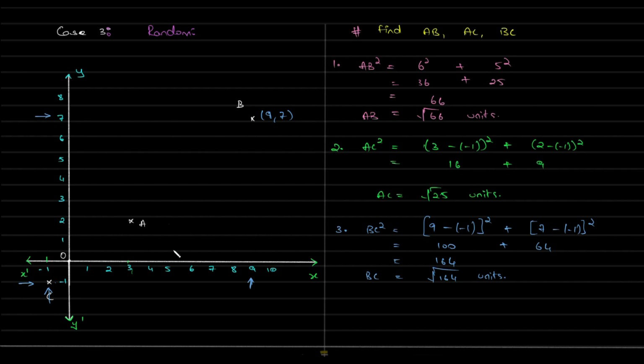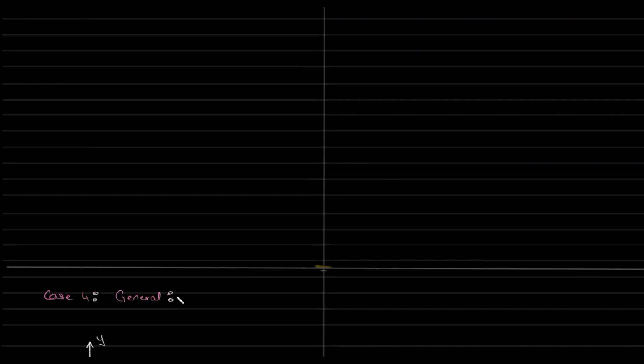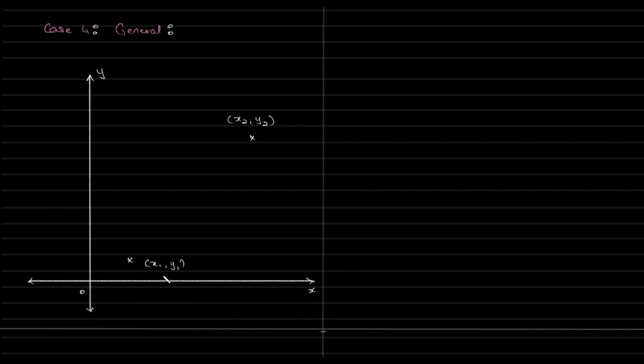Okay. So I hope you guys found the basic idea. That is, all we have to do is find the distance across and along and use Pythagoras theorem. That's the whole idea. And now to conclude, the general form. So now we are looking at the distance from point A to point B, whose coordinates are x1, y1 and x2, y2.